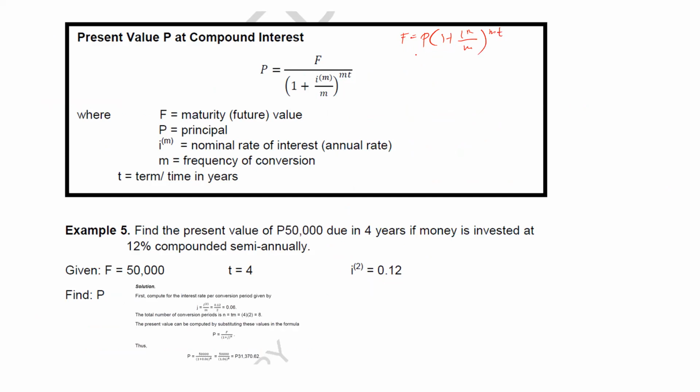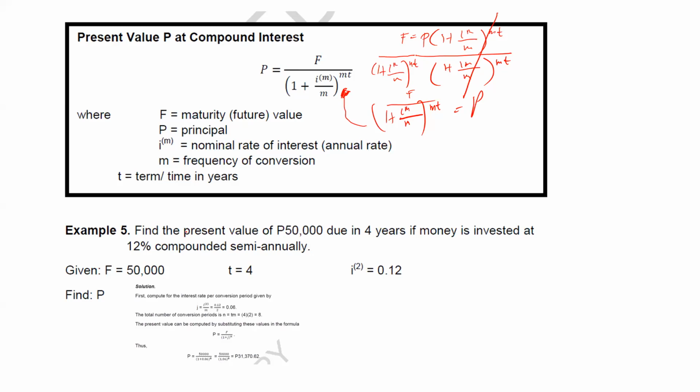So, to solve for P, we have to divide both sides by 1 plus I over M raised to MT. So, makakancel ini. Ang matatata digdi P is equal to F over 1 plus I over M raised to MT. This is the formula in finding the principal amount. Ang tiganap is the principal amount.